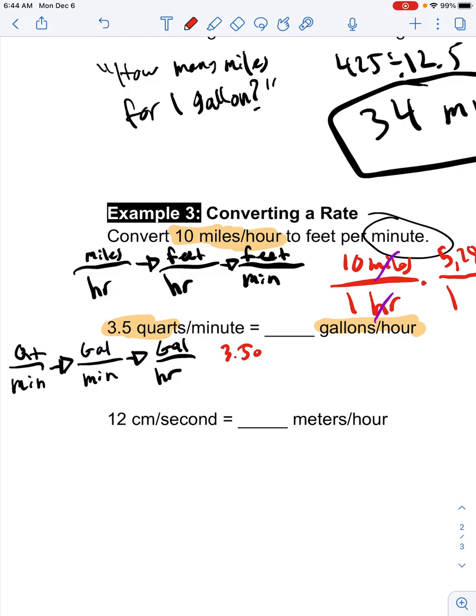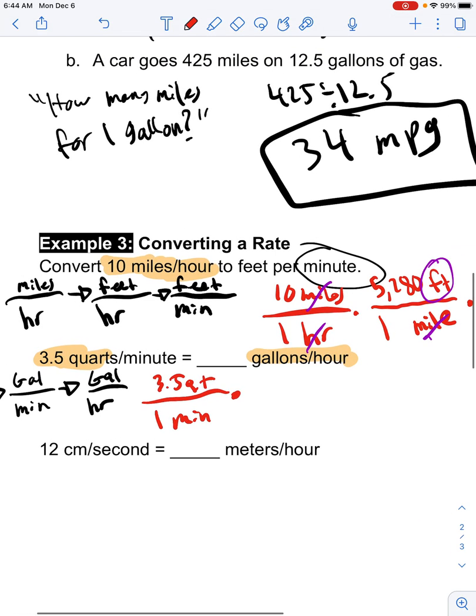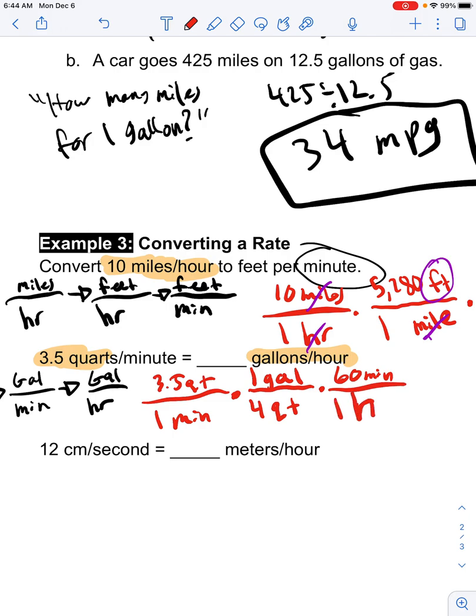I have 3.5 quarts per 1 minute, and I am going to start by changing quarts to gallons. And I just found that 4 quarts is equivalent to 1 gallon. And then I know that minutes is on the bottom, so I need to put minutes on the top here. 60 minutes in 1 hour.